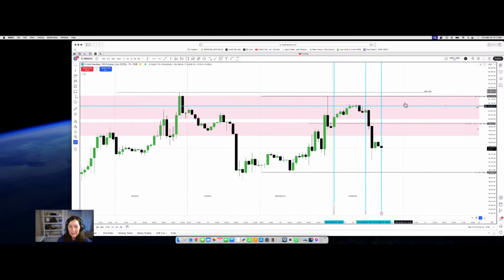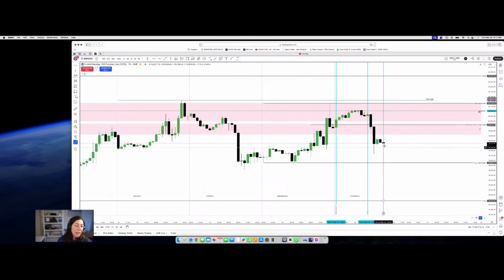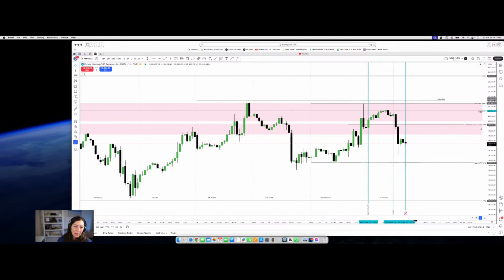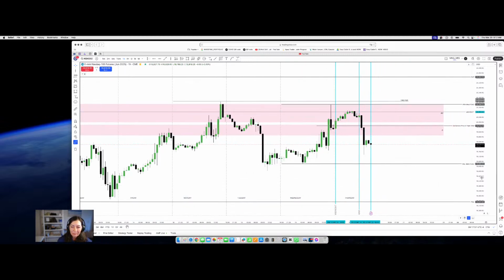Here's our midnight. Here's our vertical line on midnight. So overnight, we have been primarily below midnight. What that means to me is I want to buy below midnight and I want to sell above midnight. That's one of my fundamental rules that I keep in the back of my mind.